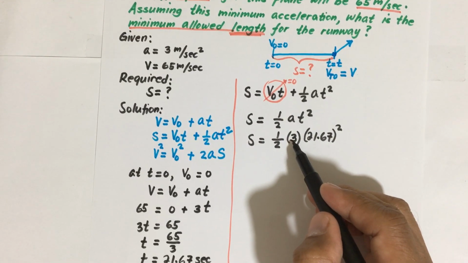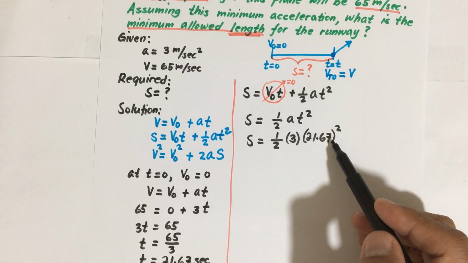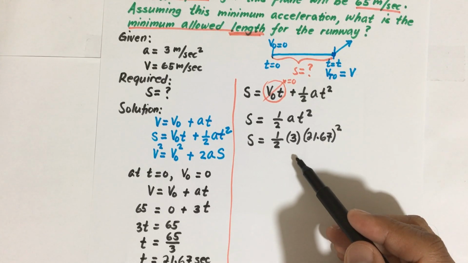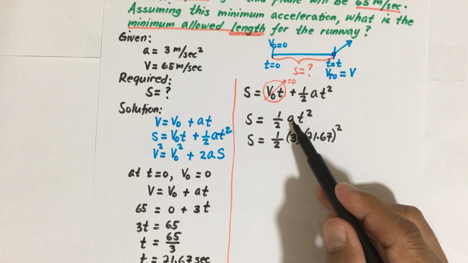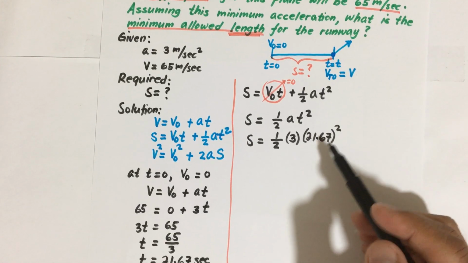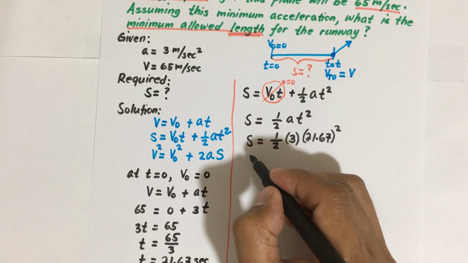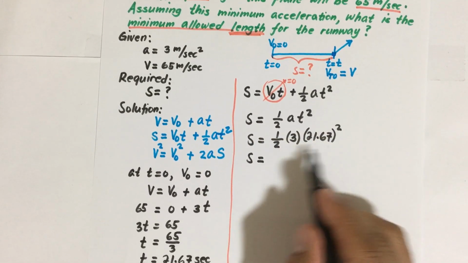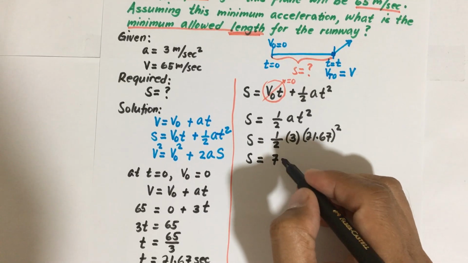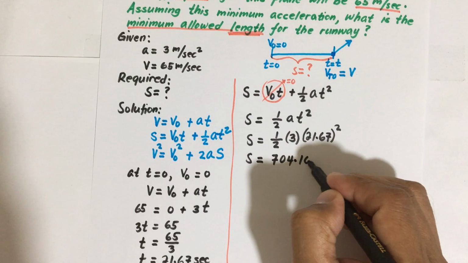The unit of acceleration is meter per second squared, and the time is in seconds but squared, so seconds squared divided by seconds squared becomes 1, and the remaining unit is meters. Substituting the values and calculating, we got s equal to 704.16 meters.